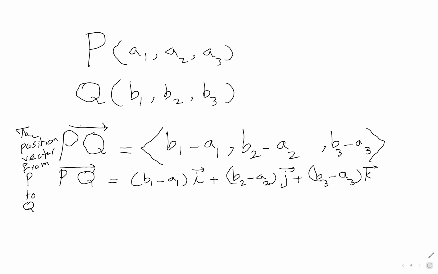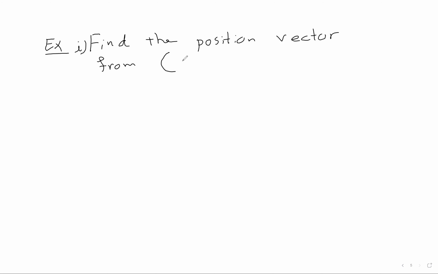Just a simple example. Part 1, find the position vector from the point 2, -1, 4 to the point 5, 6, -10.